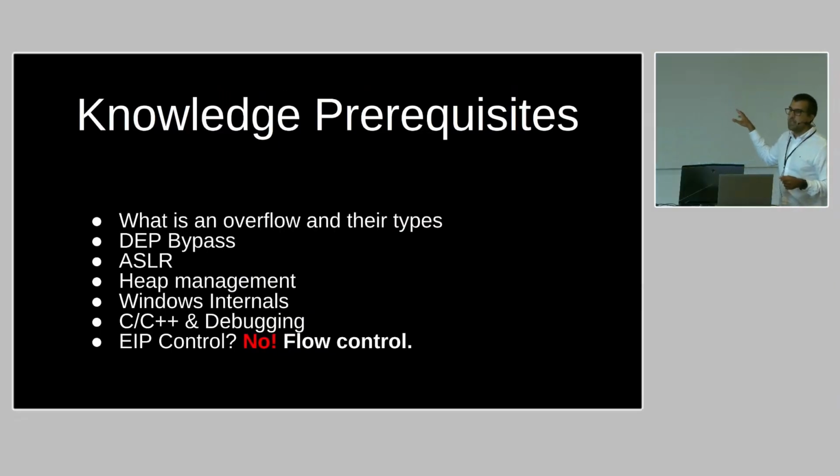This is not a prerequisite for this presentation, but it's a prerequisite for doing Windows kernel exploitation or developing rootkits. You need to understand first what an overflow is and its types, how you do DEP bypass, how ASLR works, and a little bit of heap management because there is a lot of heap in the kernel. Windows internals will help, so get the Windows Internals books and also the Windows Kernel Programming book.